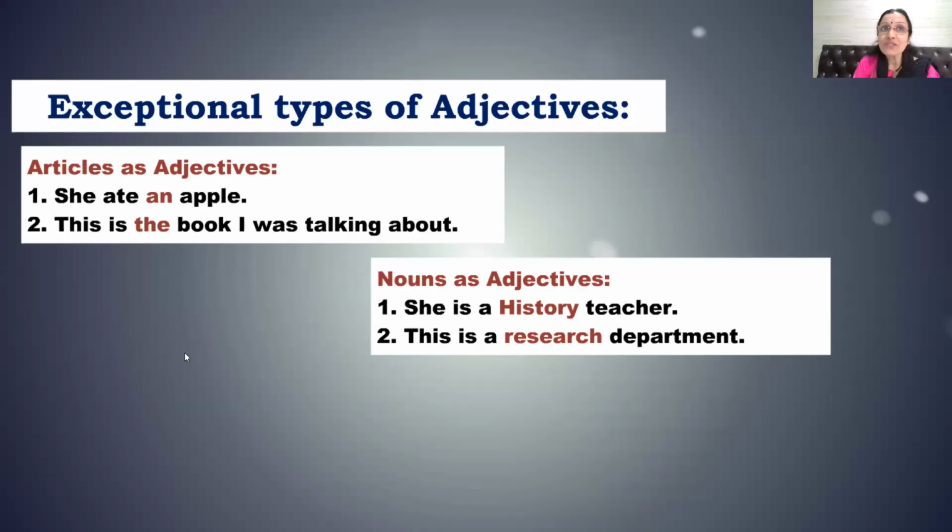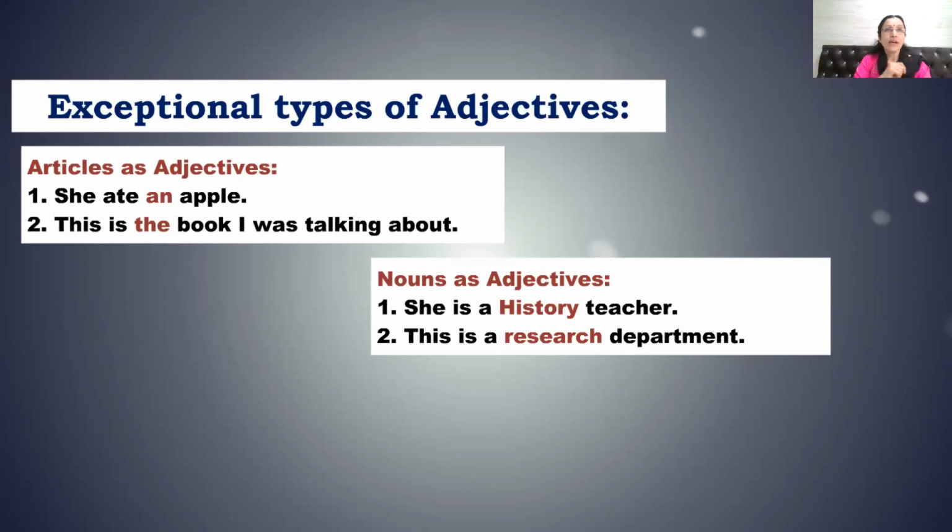Now, why are we doing this? They may give you a sentence, for example, "She bought a book," then underline a, and give you options. In those options, the word article will not be there: noun, adjective, pronoun, verb. If the word article was given, you would have immediately taken article.